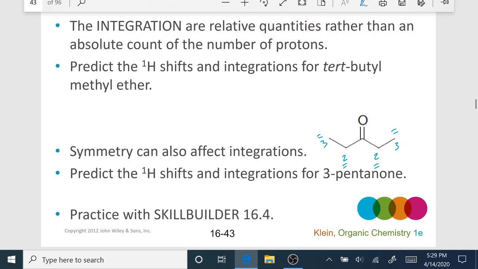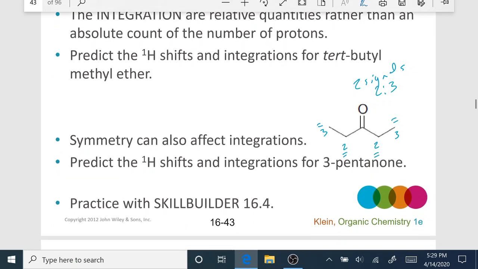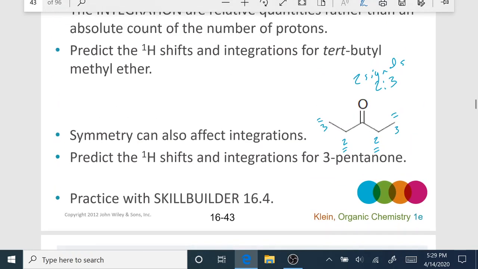And therefore, we're going to have 2 signals in the NMR, and those signals are going to have a 2 to 3 ratio. What does that mean? It means in order to get the number of hydrogens that we have associated with our molecule, we're going to have to double it again. That's going to be a 4 to 6 ratio.